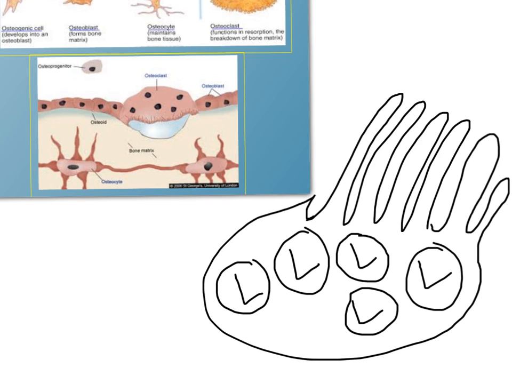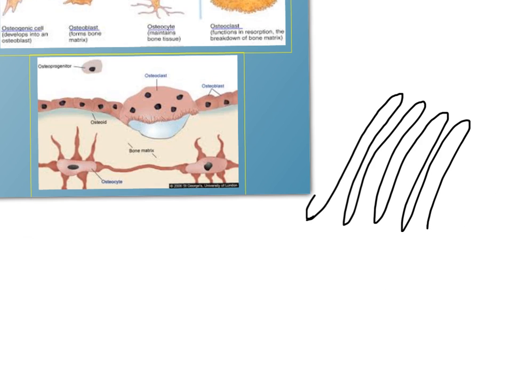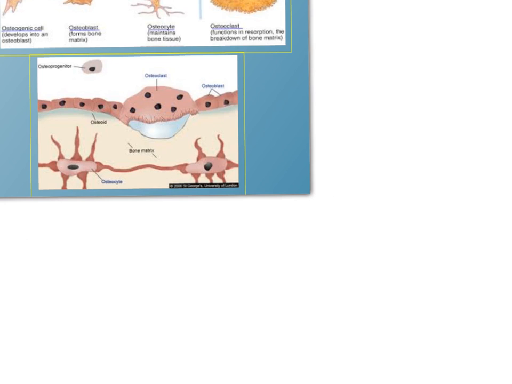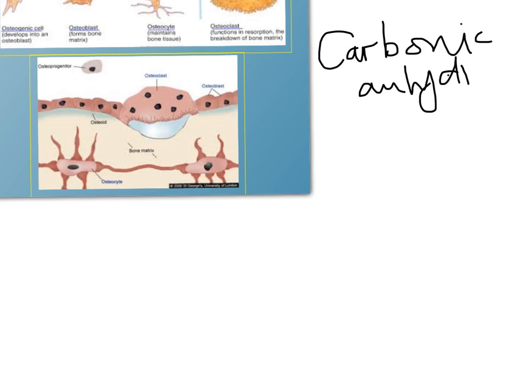Then, as regards the functions, don't forget that it is a bone resorbing or bone destroying cell. So its function is the resorption of the bone. And this takes place in 2 steps. Step 1: it contains an enzyme called carbonic anhydrase.